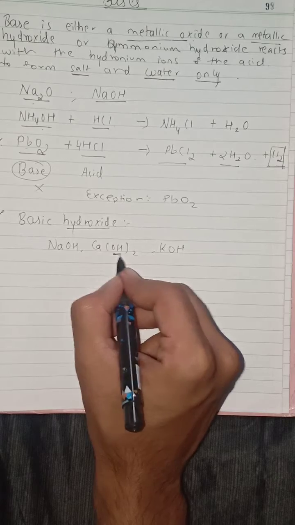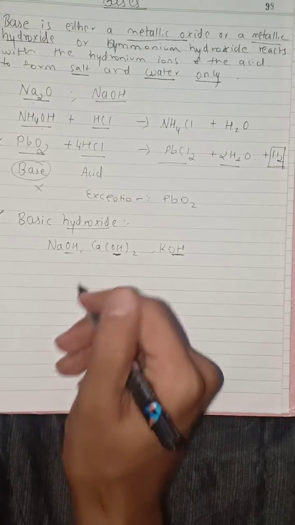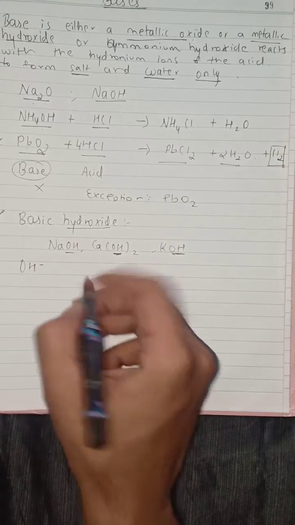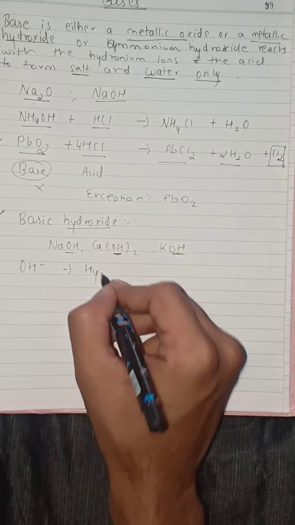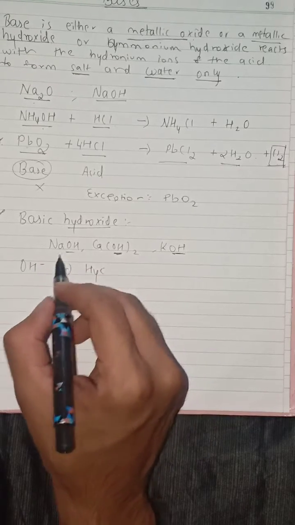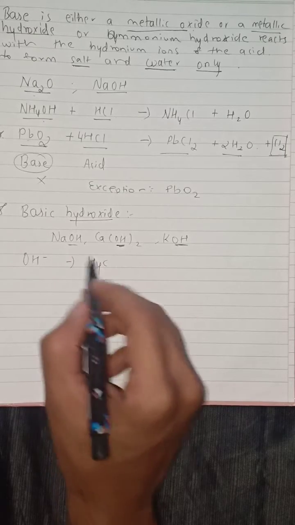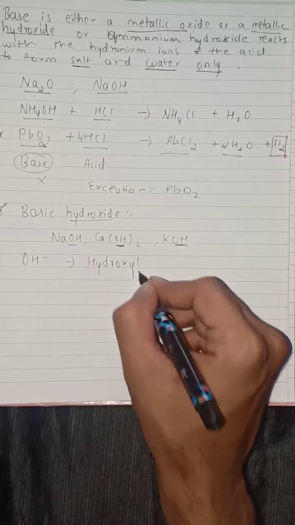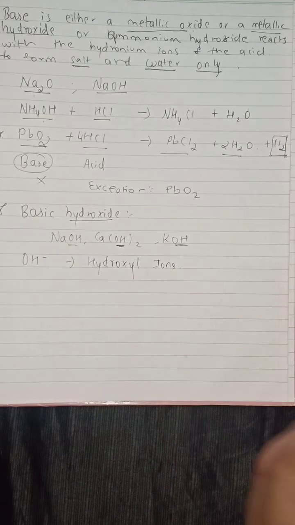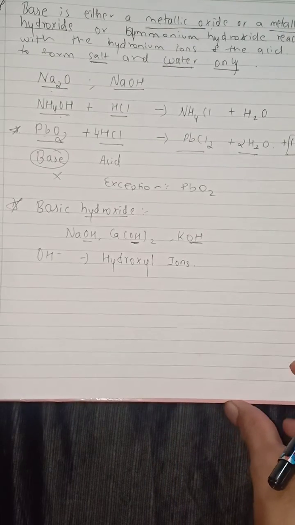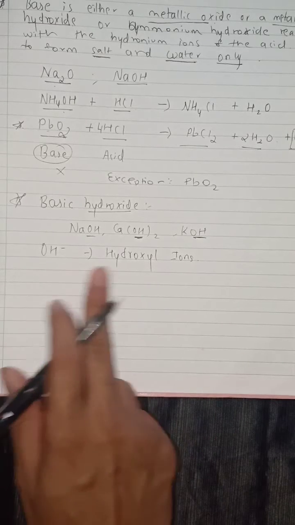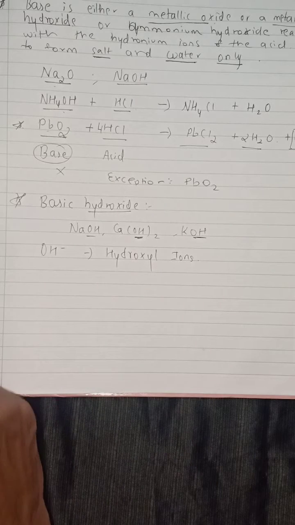All these hydroxides contain OH ions. When you read this, it is sodium hydroxide, but the OH ions are called hydroxyl ions. As in the case of the acids we have the hydronium ions, in the case of the bases we have the hydroxyl ions.